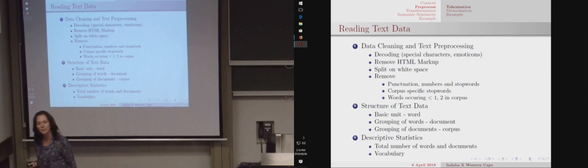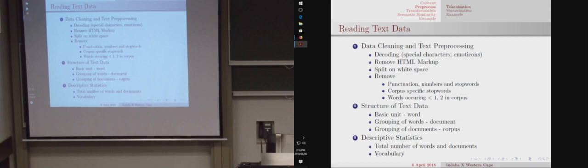Yes? The question: when you remove punctuation, in a lot of instances it is quite essential for the meaning of the relationship. So is it removed after you find that statistically it's not that meaningful? Because in a lot of instances it makes a massive difference in the relationship between the words and how they appear. The thing is, you will see later on, we work with a bag of words representation.